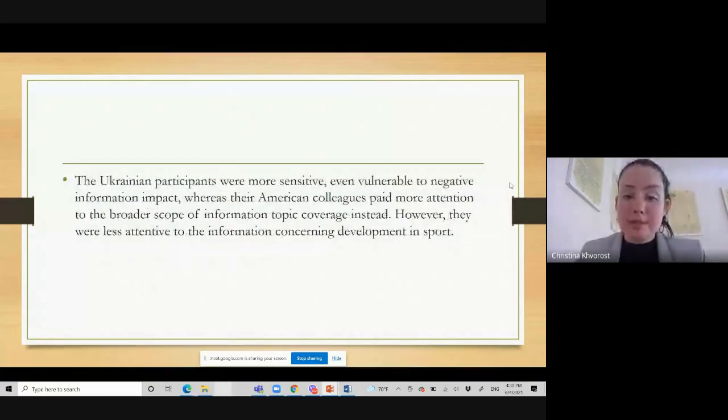The Ukrainian participants were more sensitive, even vulnerable, to negative information impact, whereas their American colleagues paid more attention to a broader scope of information topic coverage instead. However, they were less attentive to information concerning developments in sport.